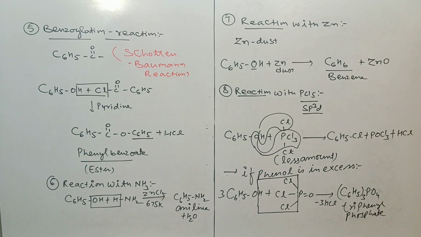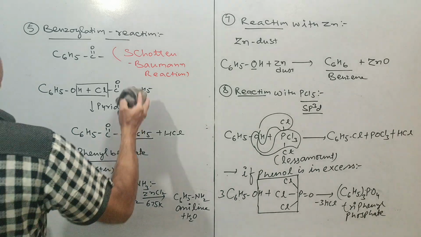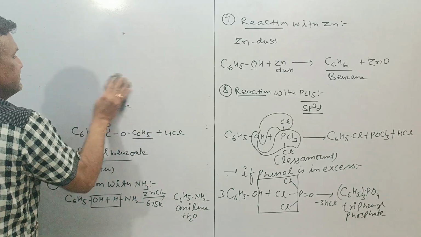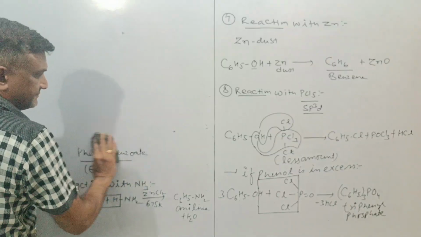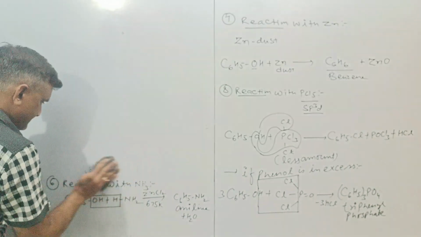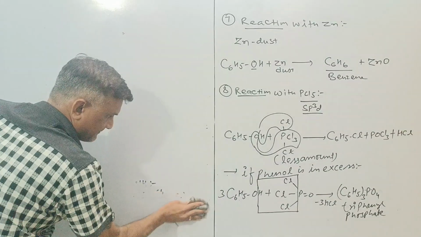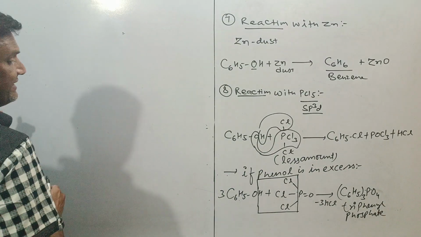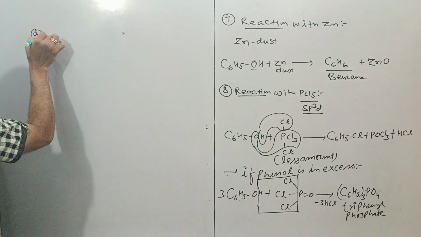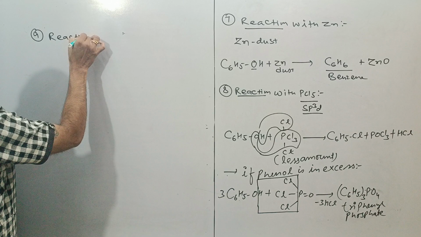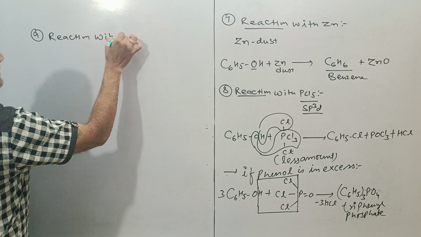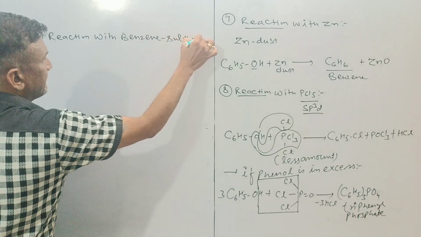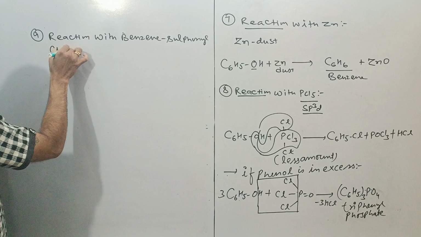Now the last reaction regarding the first part is the reaction with benzene sulfonyl chloride. It's a very important reaction. This is the ninth reaction: reaction with benzene sulfonyl chloride.